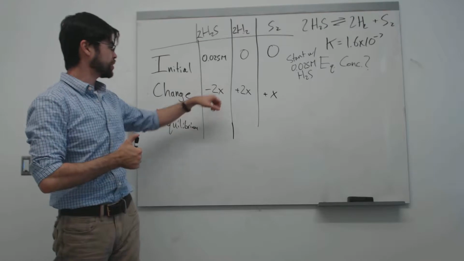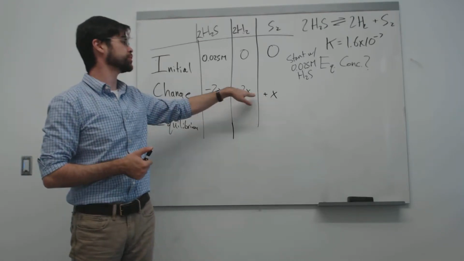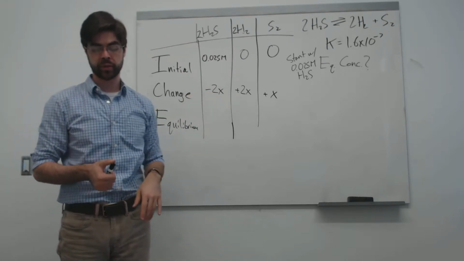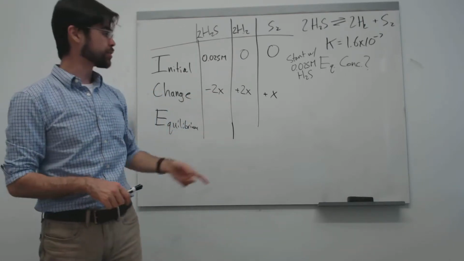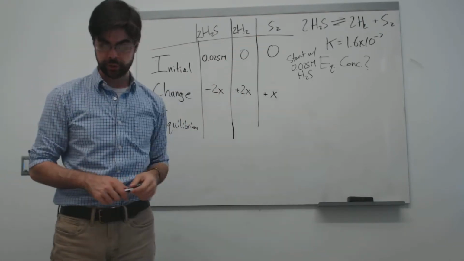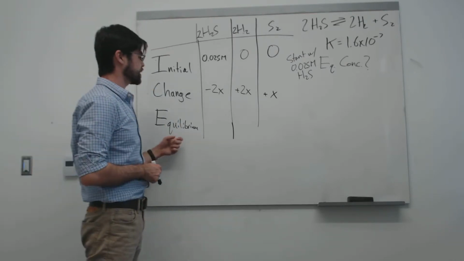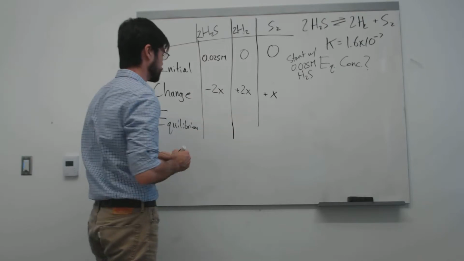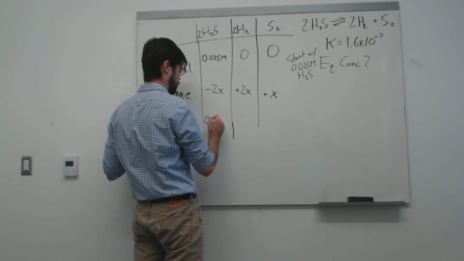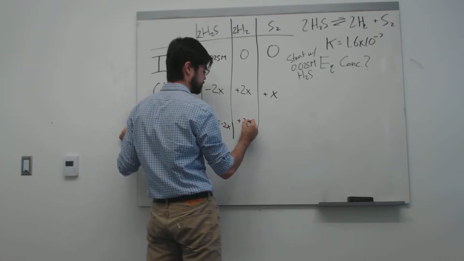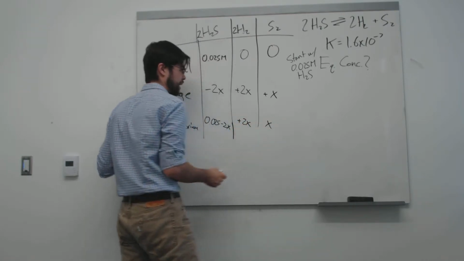So again, you're going to generate some sulfur, you'll generate twice as much hydrogen, and you'll lose twice as much hydrogen sulfide. And again, those factors are coming from the molar coefficients in the chemical reaction. And then I can add these together and get my equilibrium concentration. So that should be 0.025 minus 2x, plus 2x, and x.